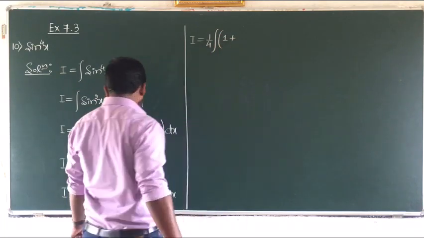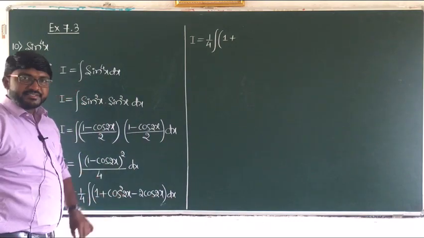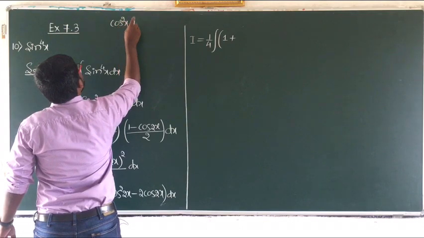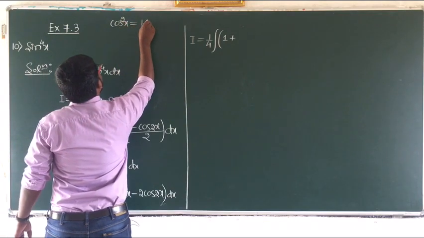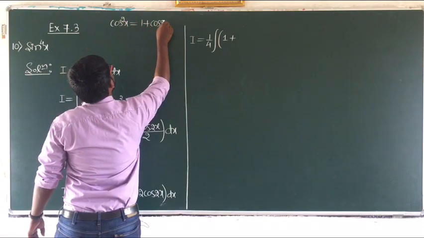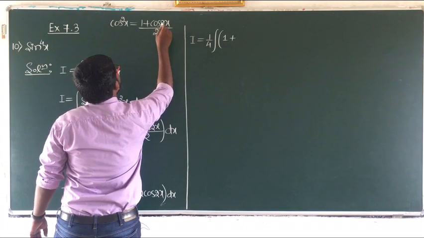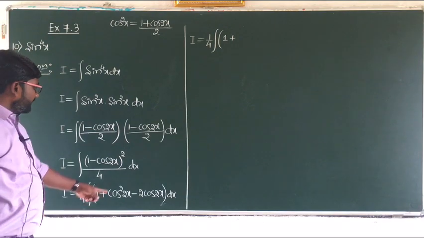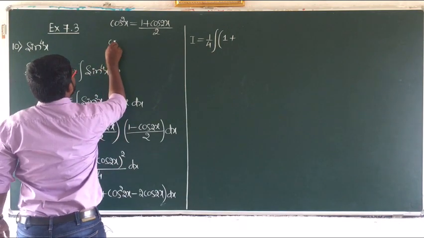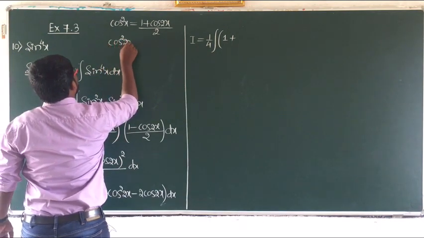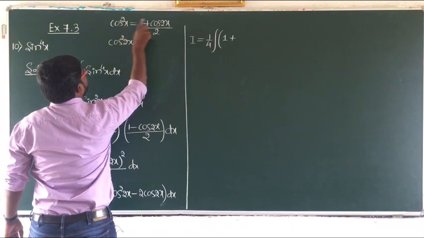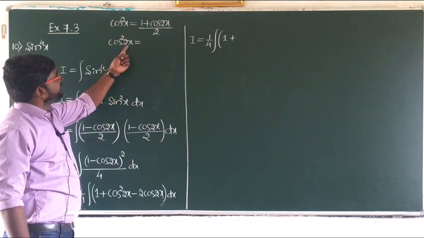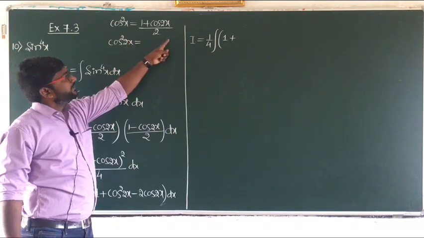1 plus. Now what is cos square 2x here? We know that cos square x is equal to 1 plus cos 2x divided by 2. Now here we have cos square 2x. So if it is x, here it has to be 2 times x, that means double of that angle. So here it is 2x, now double of this will be 4x.